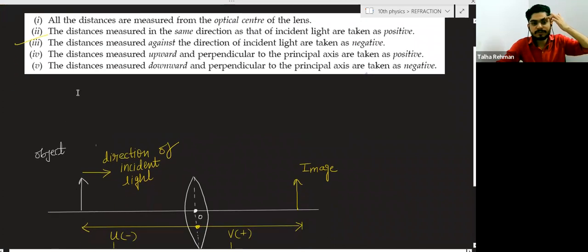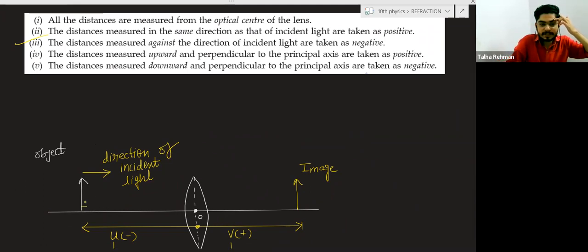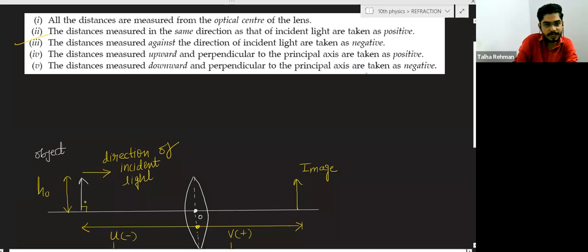So we are measuring this distance in the upward direction, and this is also perpendicular to the principal axis. This distance is known as height of object, and you will take it positive.